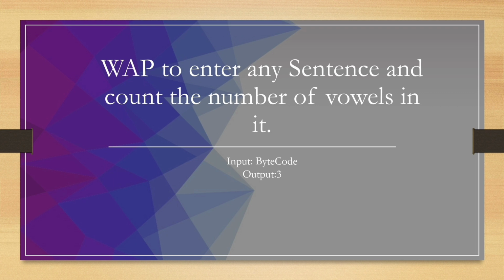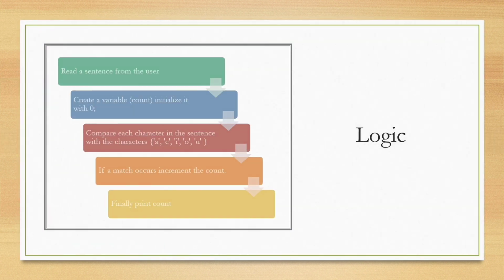So what can be the logic? We have to think about the logic. How are we going to approach? First of all, we are going to read the sentence from the user. Once that is done, we are going to make a count variable and initialize it with 0, so that it will be counting the number of vowels.